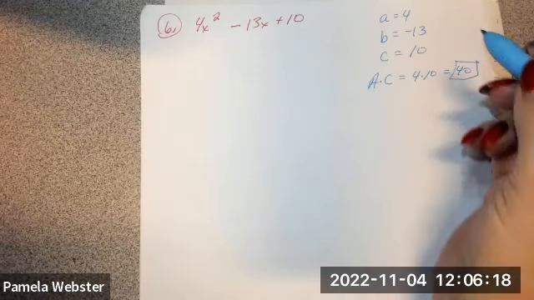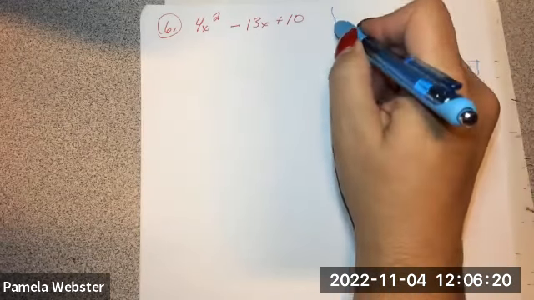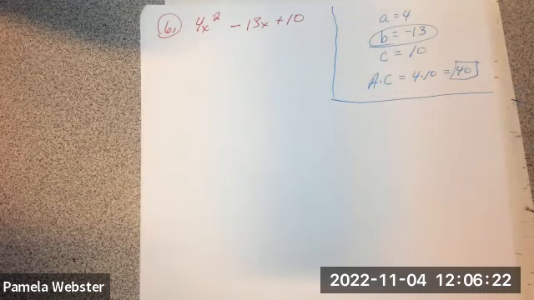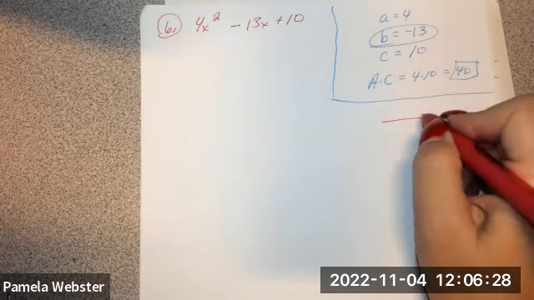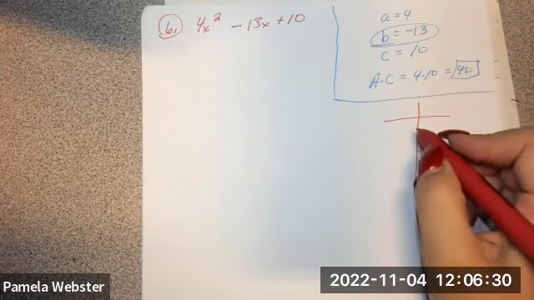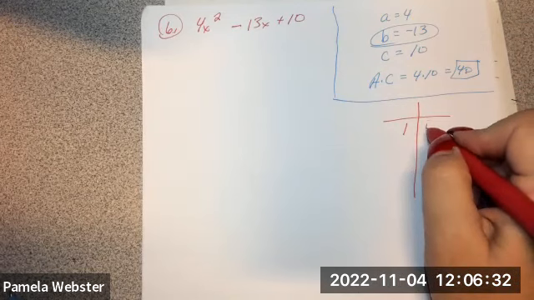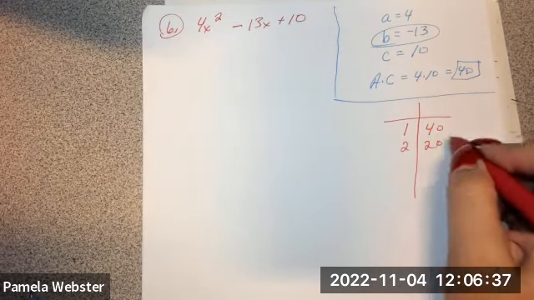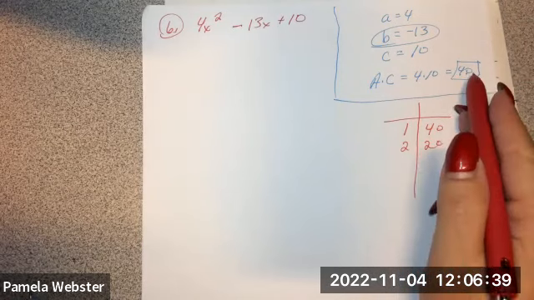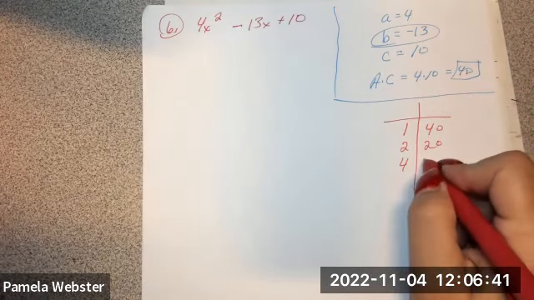And then I'm going to list out all the factors. So I'm going to go a little faster this time than I did that first time. I'm going to list out all the factors, okay, of 40. And like I said, just list them out. I tend to do the smaller number first and then the bigger number. So 1 and 40, 2 and 20, 3 doesn't go into 40, 4 does, 4 times 10.